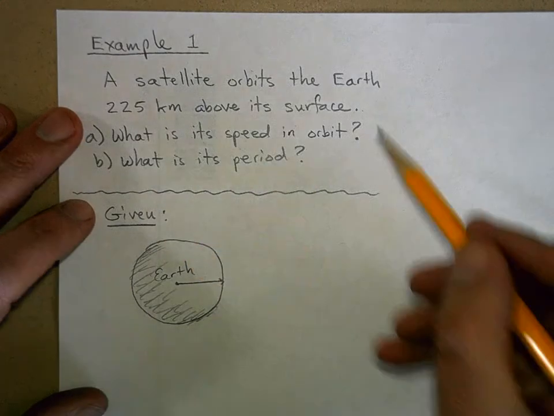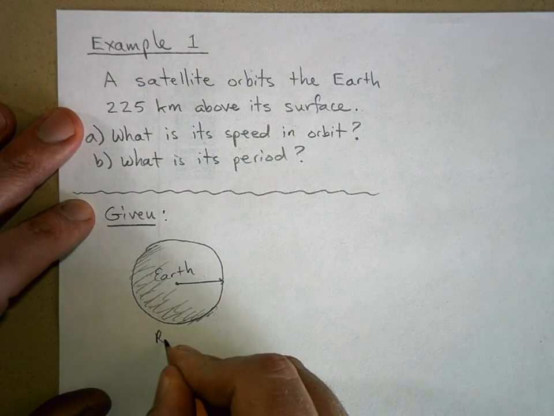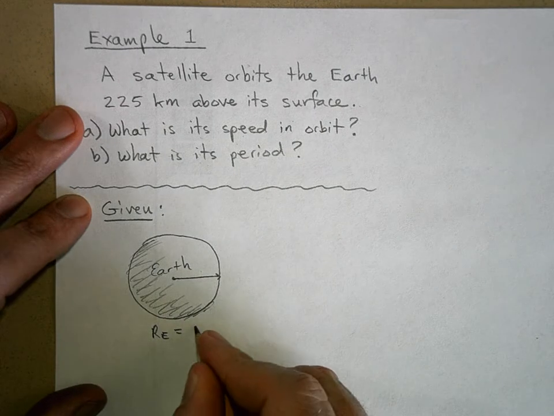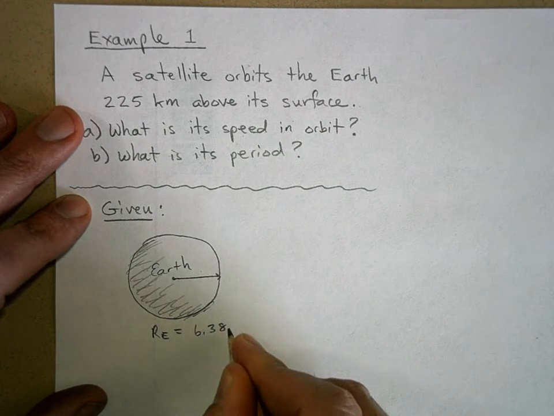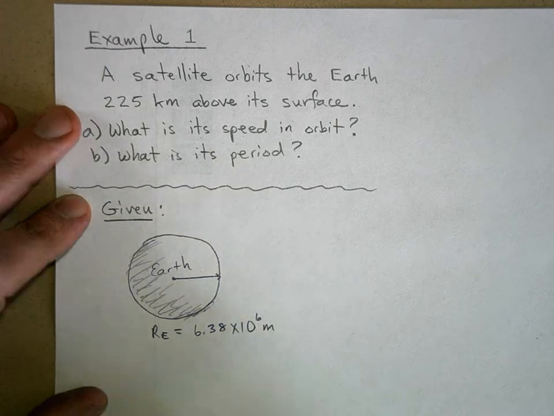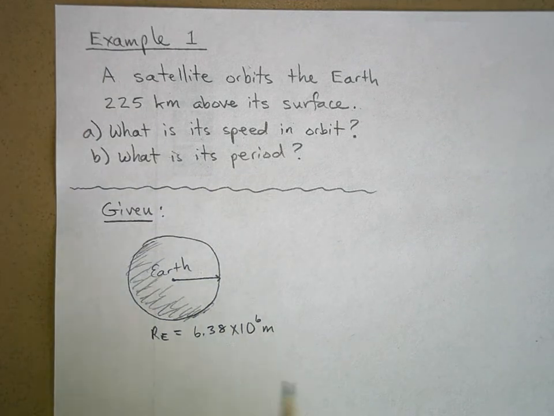It doesn't give it to you here. But the radius of the Earth is 6.38 times 10 to the 6 meters, which is 6 million meters, which is 6,000 kilometers. It's about 4,500 miles in radius. Earth is big, compared to us anyway.